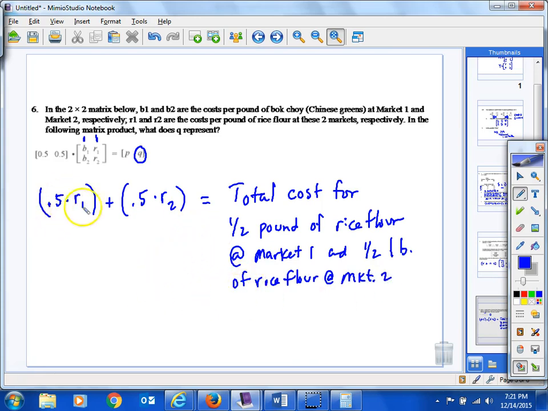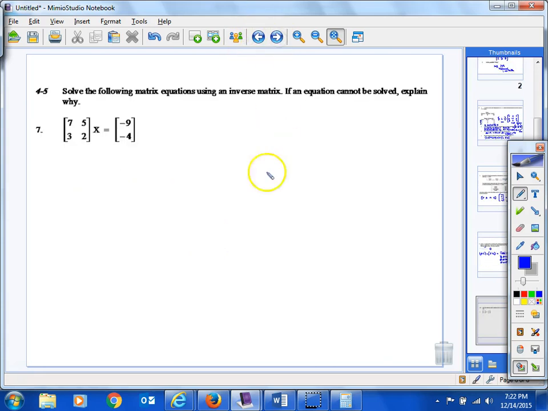Okay, so here's our rice flour market 1, rice flour market 2. Basically it's trying to see if you understand what it means to multiply these together, interpreting the results. And that should be your final answer for number 6.